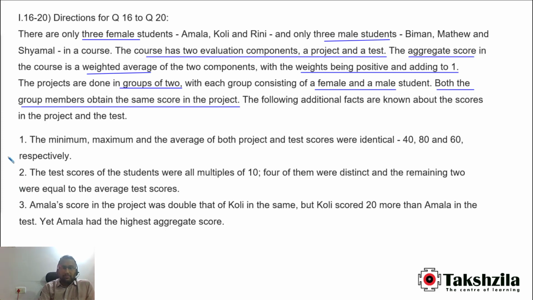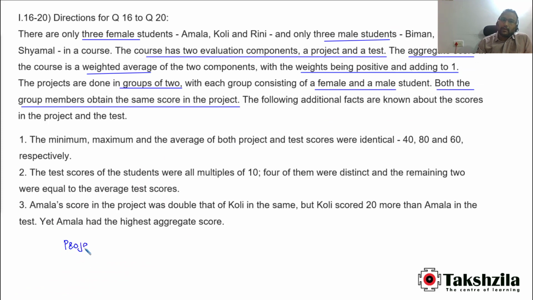Over here there are 6 students. There are 2 types of marks: one is project marks and the other one is test marks. Total 6 numbers are going to be here. The minimum of project marks and the minimum of test marks is 40 and 40.